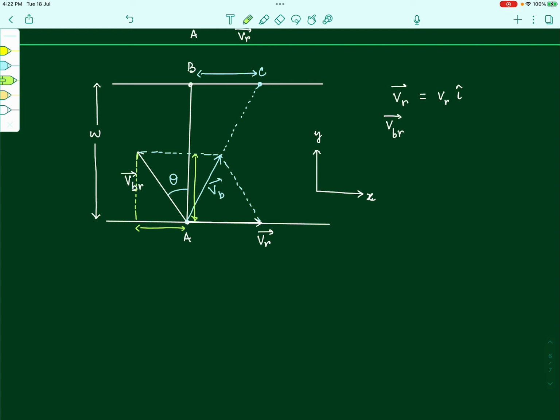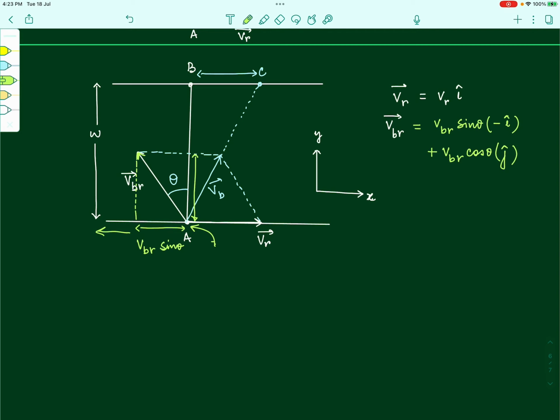The first component, along the x-axis, is VBR sine theta, and it is pointing towards the left of the origin, the point A. So along the x-axis the component will be VBR sine theta into minus i cap, since it is pointing in the leftward direction, plus the upward component VBR cos theta into j cap. All this is coming from vectors. Once again, if you are not thorough with vectors, I would advise you to go back and revise your vectors first.